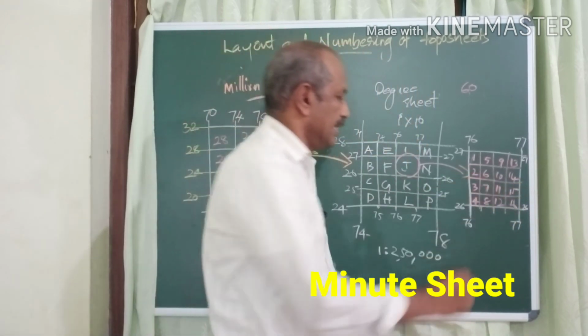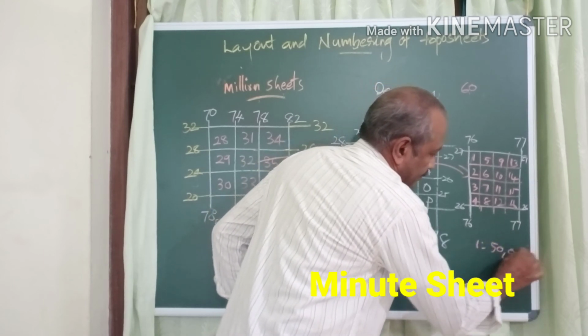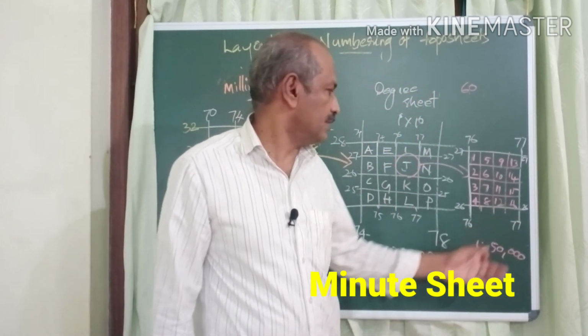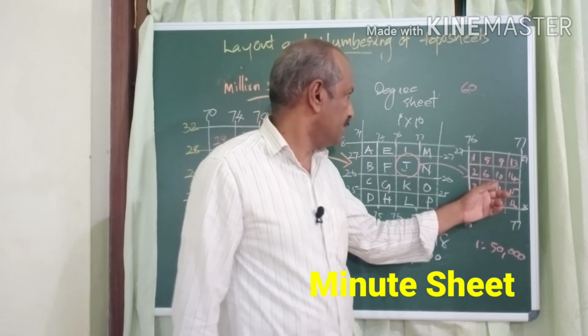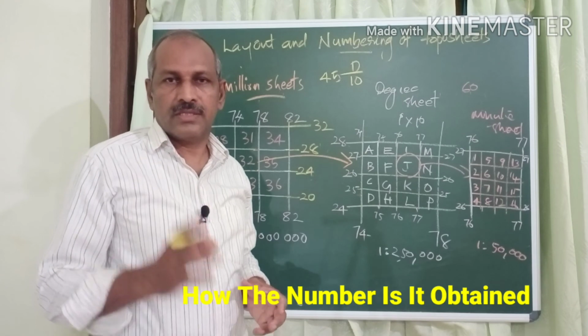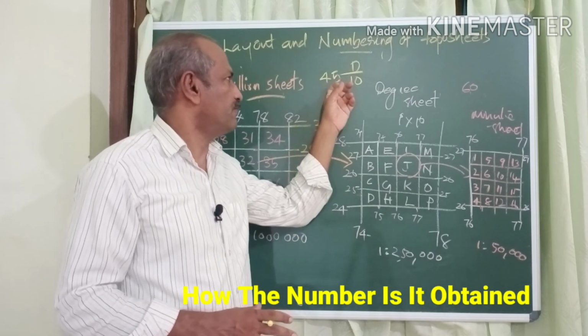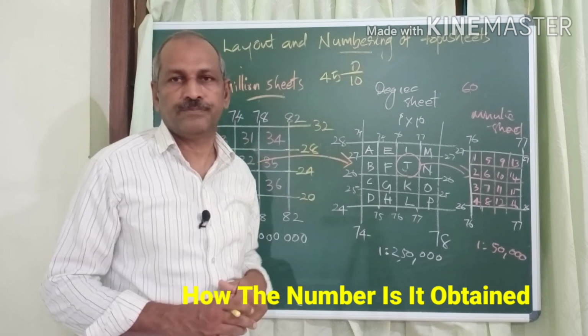Here the scale is 1:50,000, so it is called the minute sheet. In the first topo sheet, we had seen its number as 45D/10.